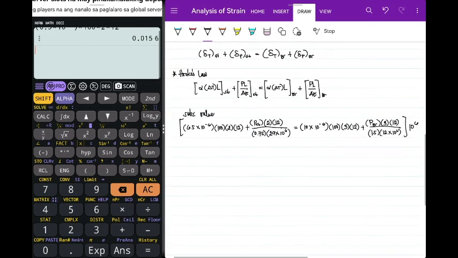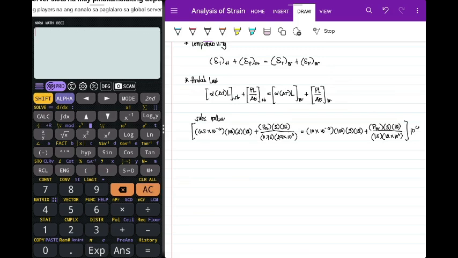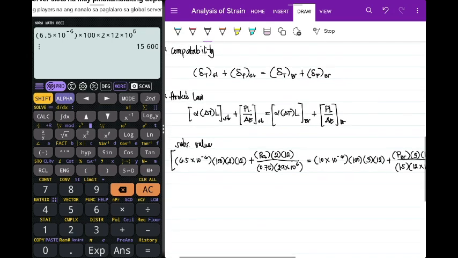What I mean, since the values of the loads P sub ST and P sub BR are the same, is that we can always multiply the entire equation by 10 to the power of 6. So let me just erase that and multiply everything, both the left and the right side of the equation, by 10 to the power of 6.